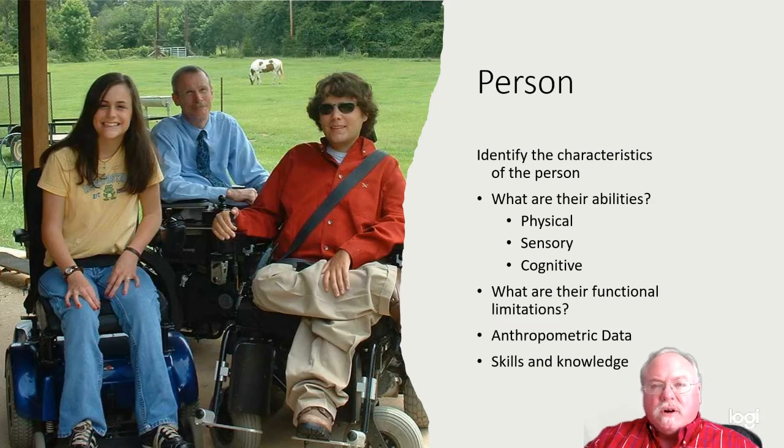That could be how tall someone is, what their eye height is, their arm length, their leg length, the size of various body parts, their weight, their reach, how far they can lean over to be able to grab something. So that's anthropometric data. And we will also assess the knowledge, skills, and abilities of that individual. And so we want to be able to see what they're capable of doing in context with the task that we're trying to accommodate.